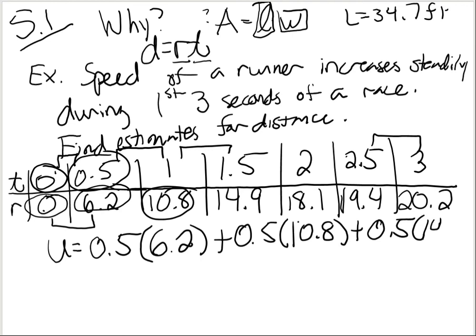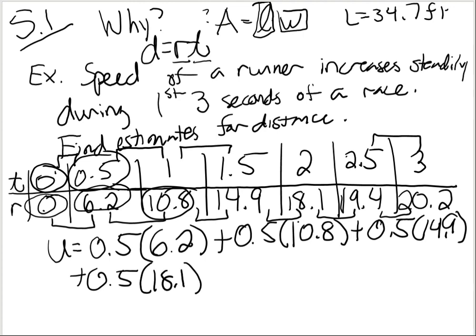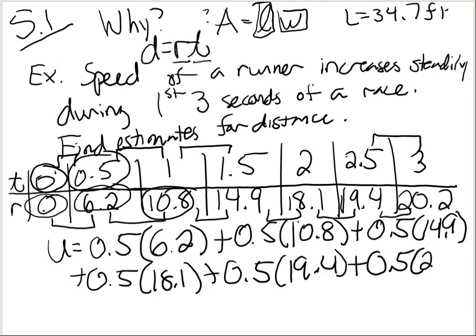And so I'll write down all the ones, but basically you're looking at each of these pairs and saying which of the two numbers is bigger. And what does that give you? Well, this upper sum is going to be 44.8 feet.